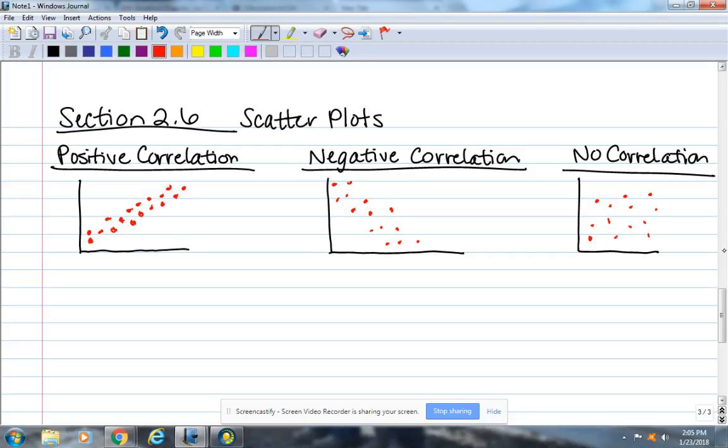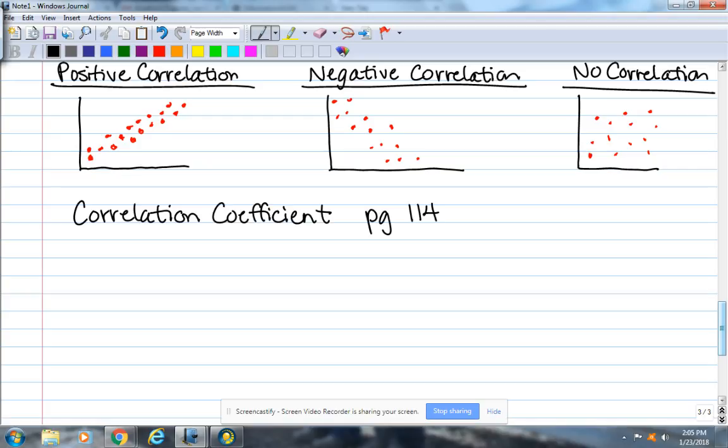Something we did not talk much about in Algebra 1 is something called the correlation coefficient. Open your book, if you have it, to page 114, because it would be so much easier to talk about their pictures than me trying to draw them and get us all confused.